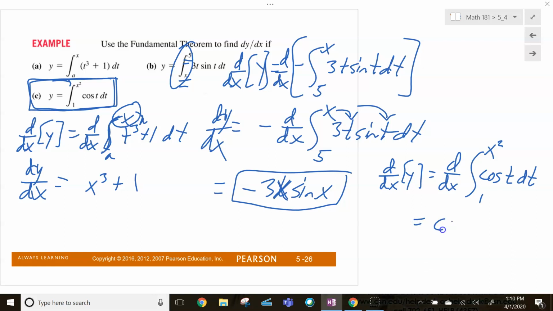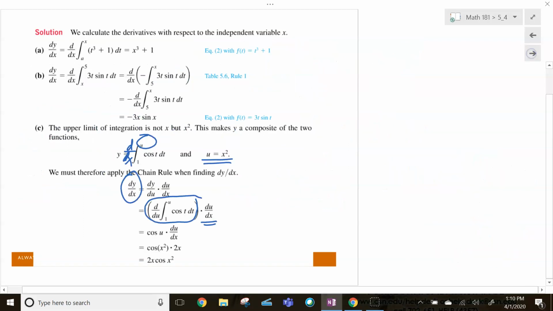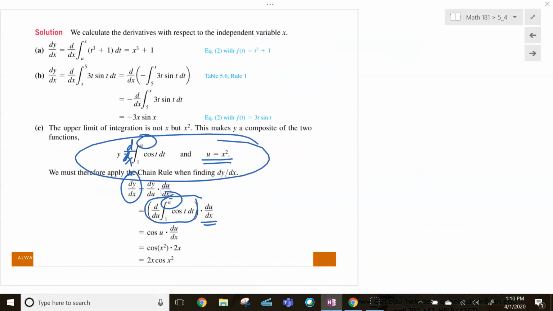So they undo each other, but then we take the derivative of x squared. That's all you've got to remember. So 2x cosine x squared. And again, that's because we've got this composite function, something besides just x up there.